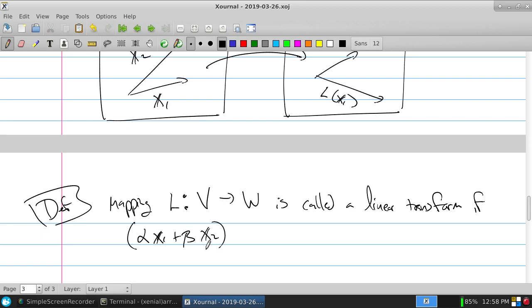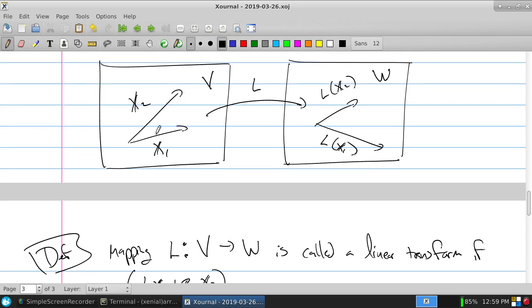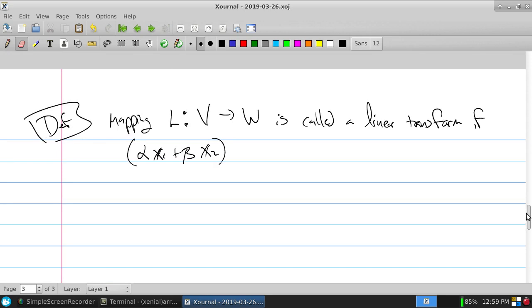On the left-hand side, I take a linear combination of these two vectors. All you're saying is, take this vector and stretch it, take this vector and stretch it, and then add them together. It's like the parallelogram rule with some stretchings. So you do a normal linear combination on the left, and then, after you do that, map the result.